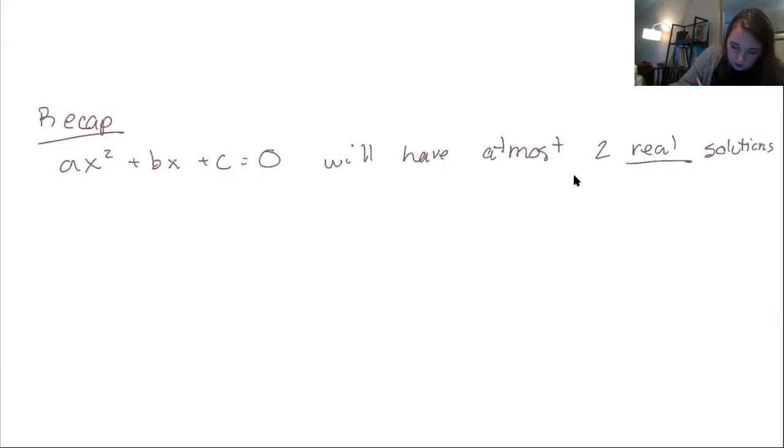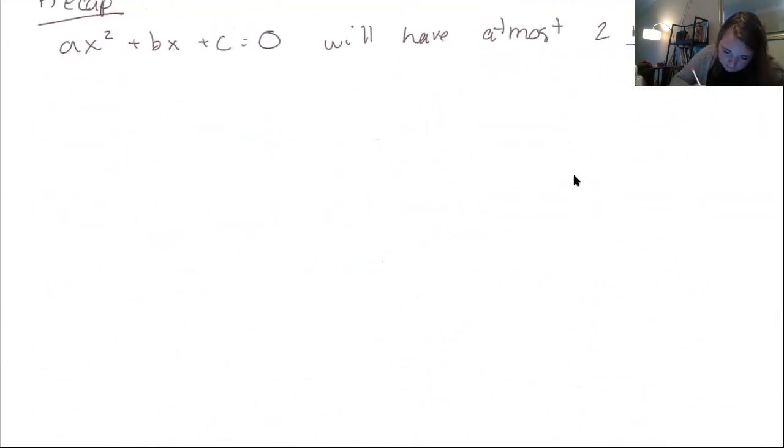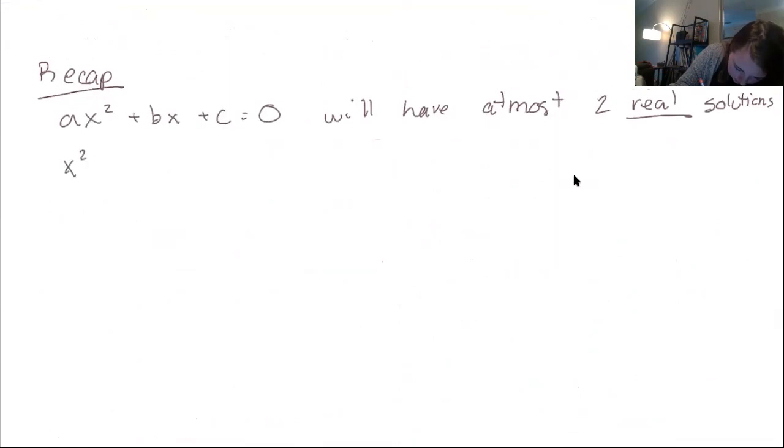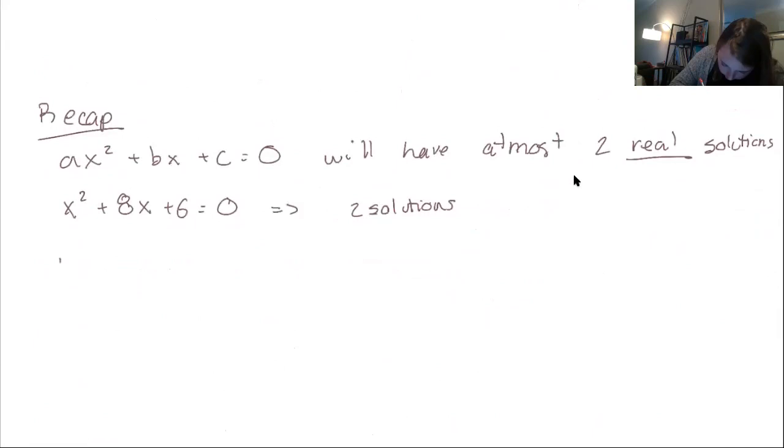So we saw when, what was it? X squared plus 8x plus 6 equal to 0. That gave me 2 solutions. 4x squared minus 12x plus 9 equal to 0 gave me 1 solution.